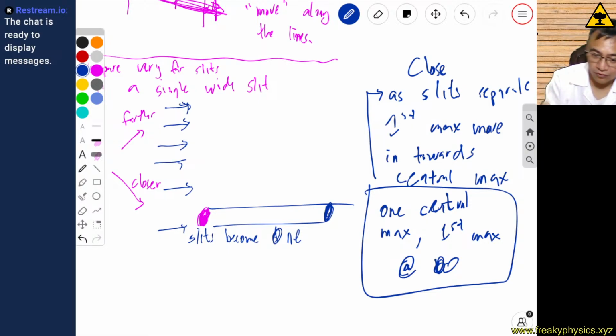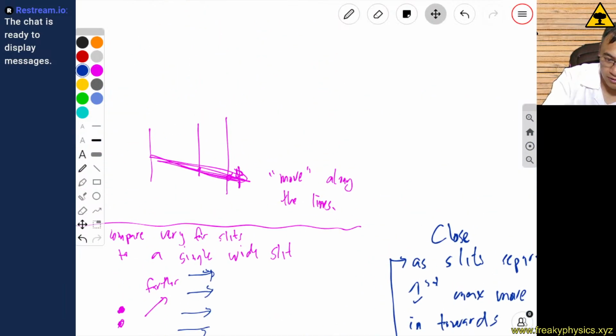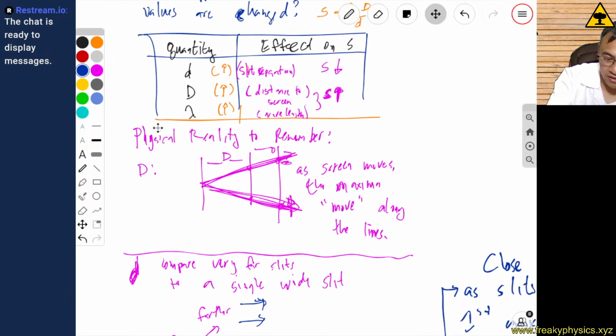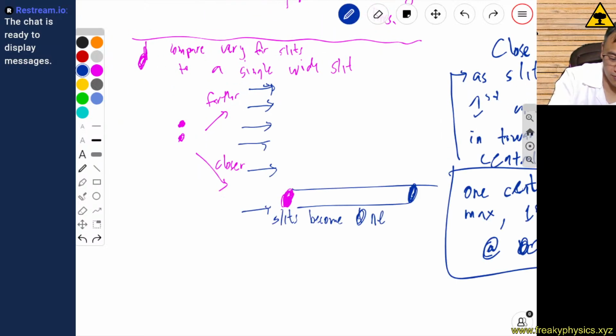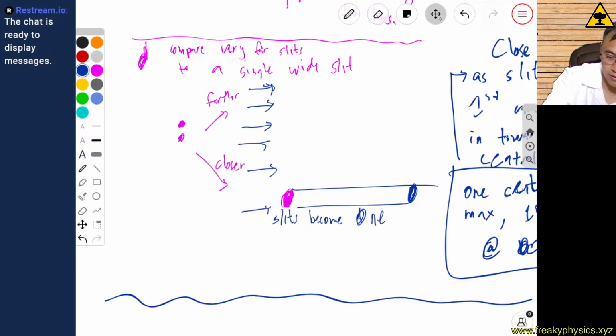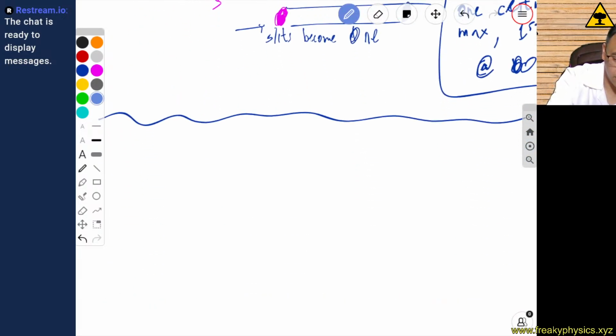And of course, going back to the formula again, lambda here: you increase the lambda, you increase the wavelength, you increase the separation distance. This is again a bit easier to understand with a drawing. So, the effect of the wavelength, the effect of lambda.